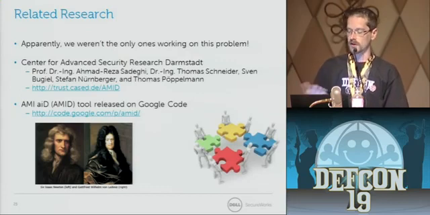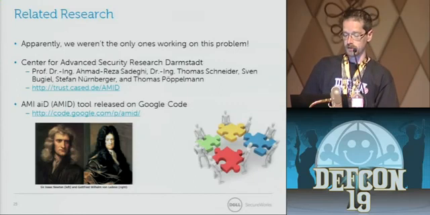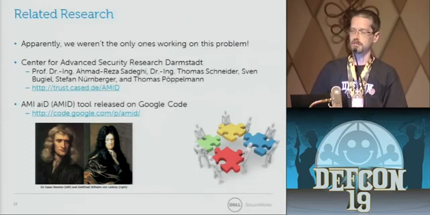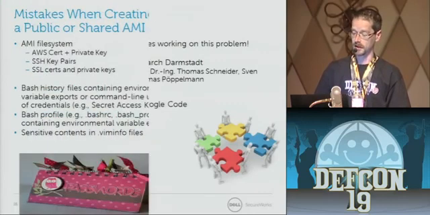So they're similar, but the approaches are slightly different. And we've scanned more images and have a little bit larger data set from our tool. But I just wanted to highlight that there are other people working on this, and it's possible that there are others that aren't publishing it. So this is probably something that's being done in the wild.